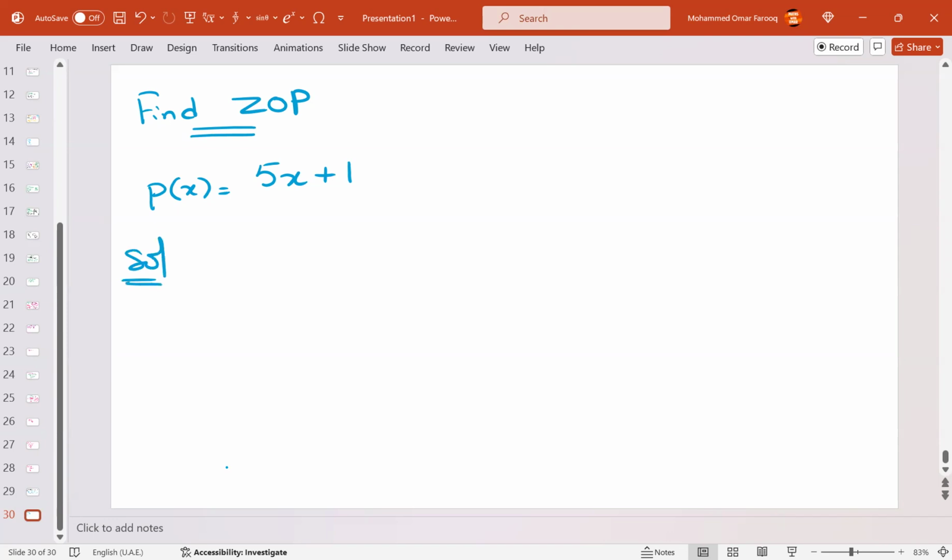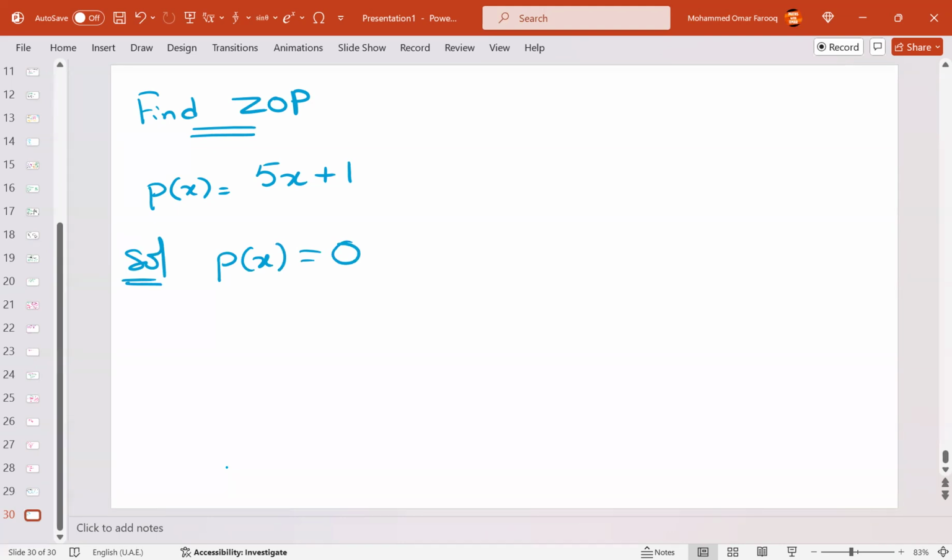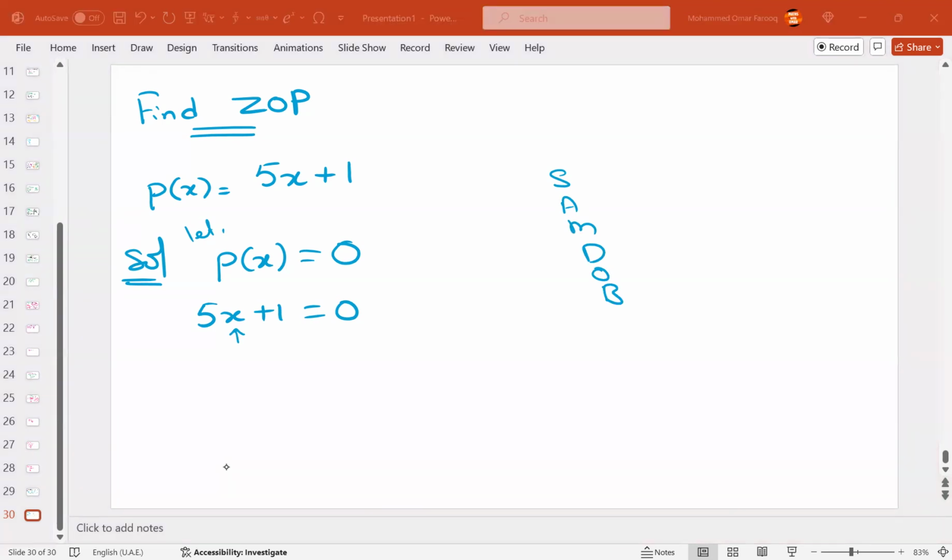So solution: let us make the given polynomial equal to 0. So 5x plus 1 equal to 0. Now we already know how to find x in a linear polynomial. Transpose everything based on the order: subtraction, addition, multiplication, division, and exponents, and after that brackets. So addition, plus 1, when you transpose, 5x is equal to minus 1.